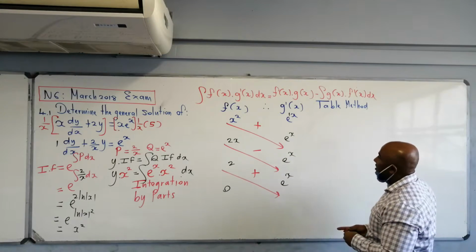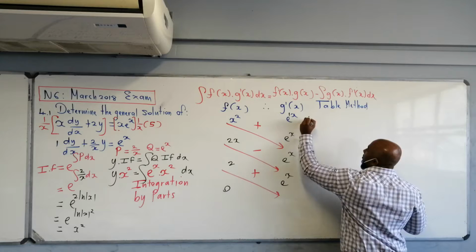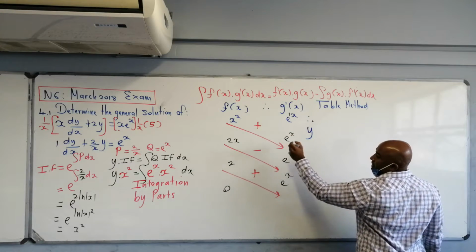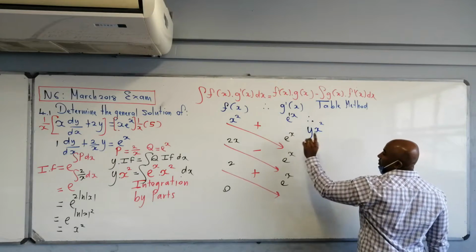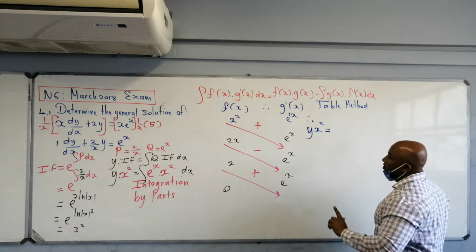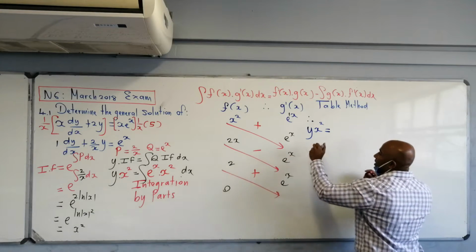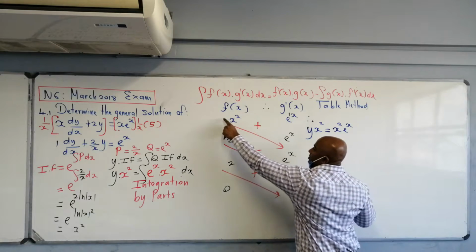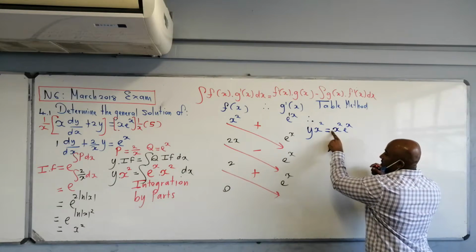Now watch how this is done. Let's write this down properly. We have y times x squared on my left hand side, copying down the differential equation, is equal to, now what you're going to do is multiply. So it's going to be x squared times a positive times a positive times a positive is positive here.